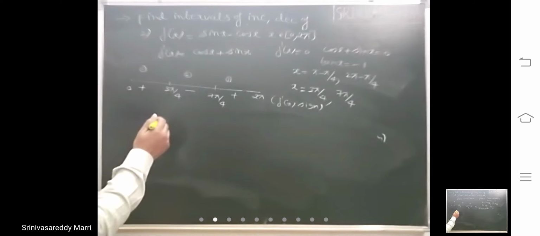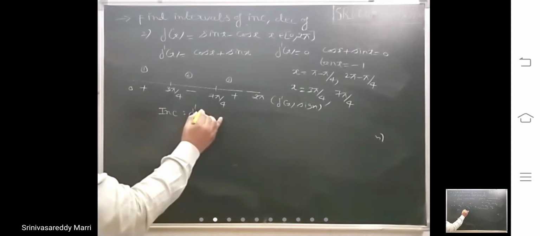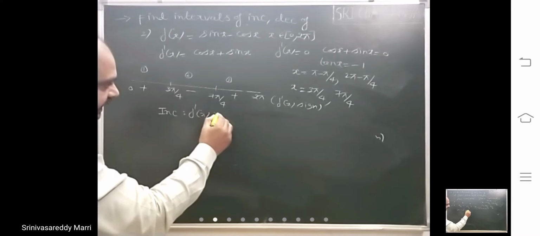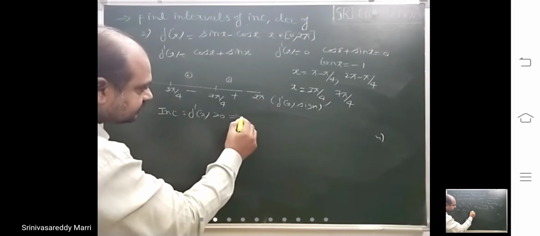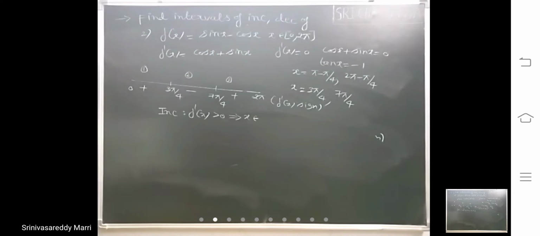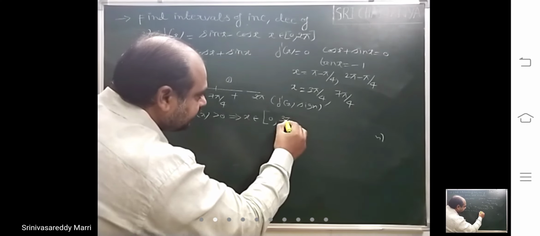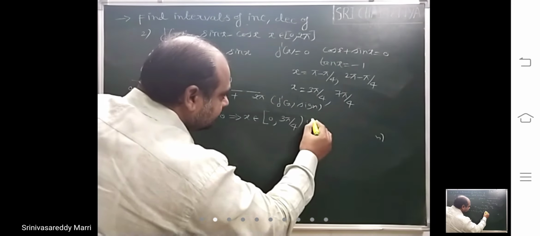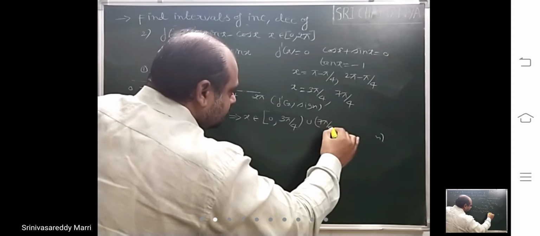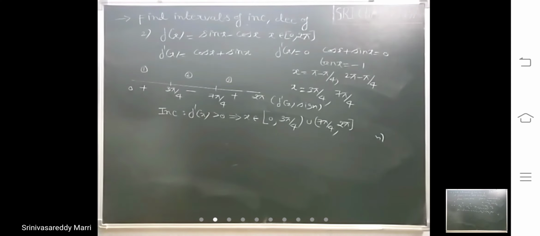That means increases in. Increases means f dash x greater than 0 implies x is, look at this interval. That means 0 comma 3 pi by 4 union 7 pi by 4 comma 2 pi.